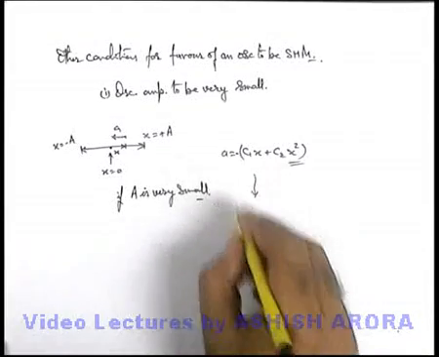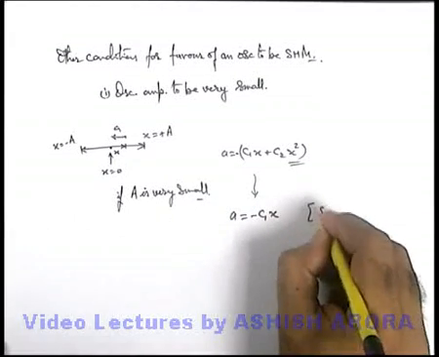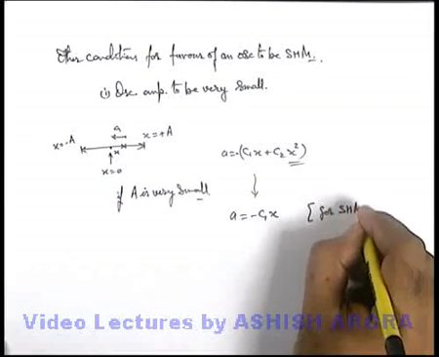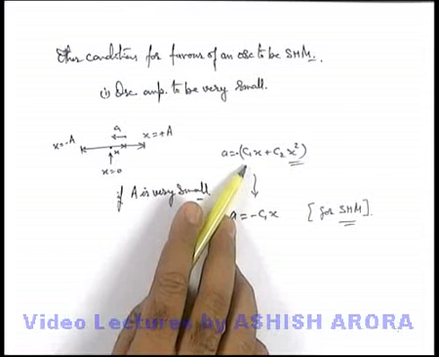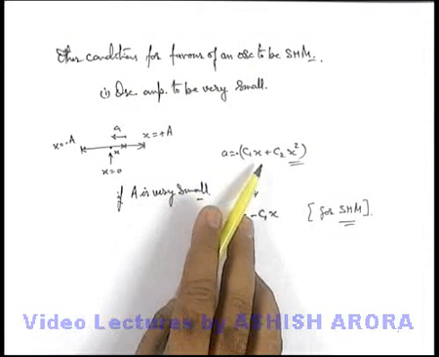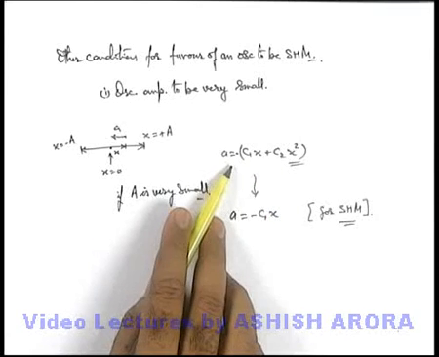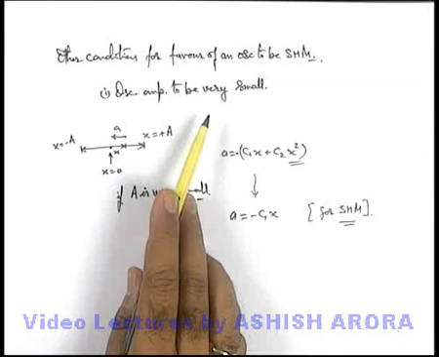Here we can approximate it as a equals minus c1x, which can be taken as the basic condition for an oscillation to be SHM. So an oscillation in which acceleration depends on x as well as x square can also be taken as SHM if the amplitude of oscillation is very small.